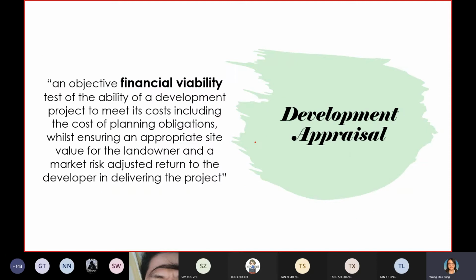All right. So since now you have a little understanding about profit method and residual method, what is development appraisal? Development appraisal is to provide financial viability tests.